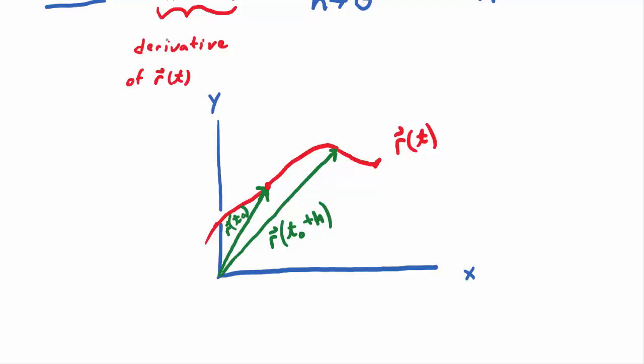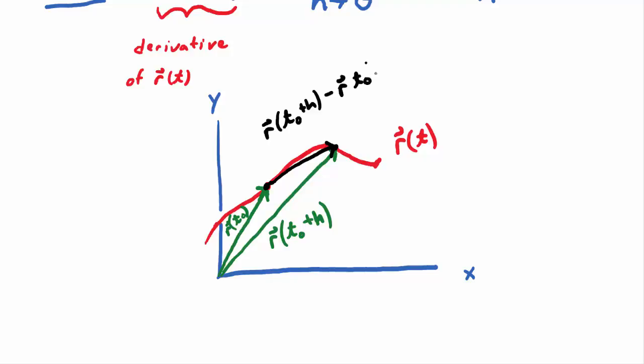Then if you connect the arrows, this vector in black, anybody know what a representation in terms of r this vector in black would be? It would actually be, if you think about it, r of t naught plus h minus r of t naught.